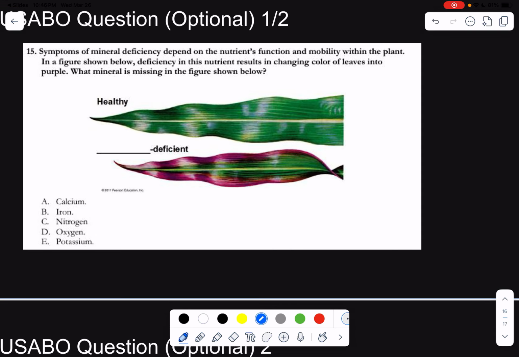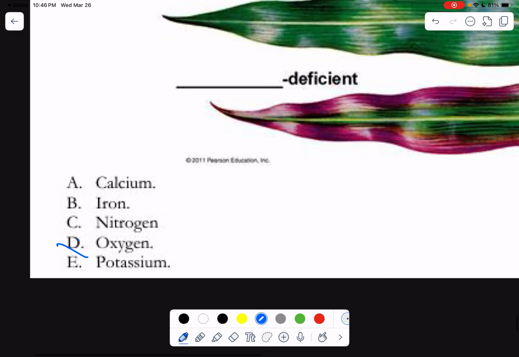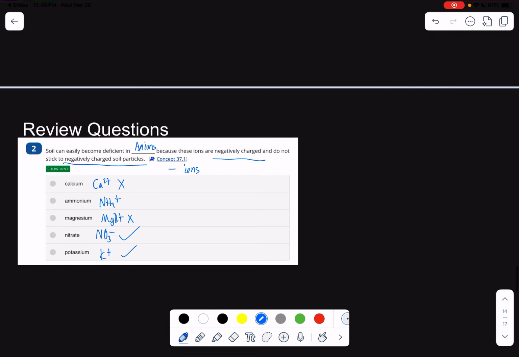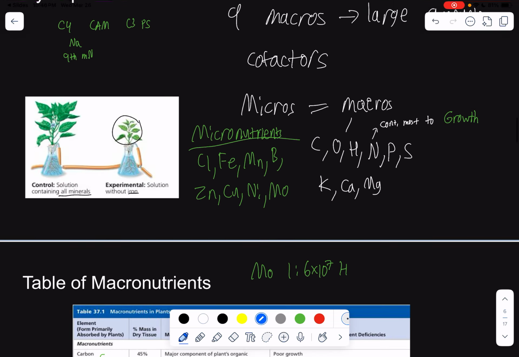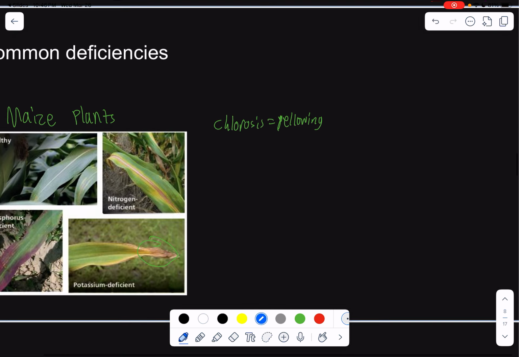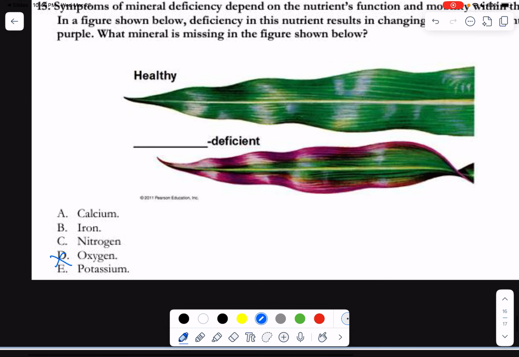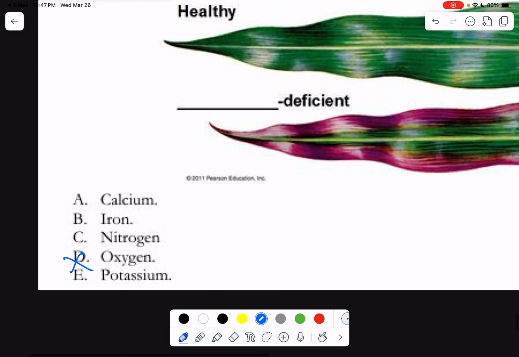Well, let's think about this. If we have an excess of oxygen, then that's not going to work because if there's oxygen, it will just be stunted growth. So that's not right. Let's look at nitrogen. Nitrogen is when there's chlorosis at tips of older leaves. So that means there must be some sort of yellow. But if you look here, there is no yellowing within the solution.